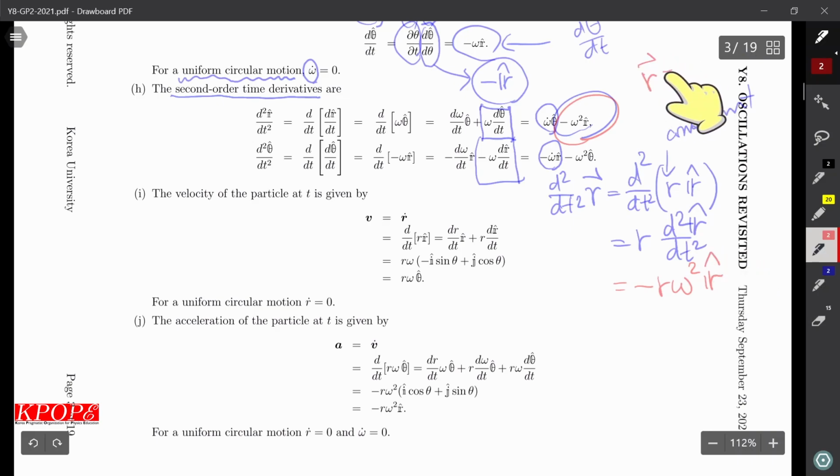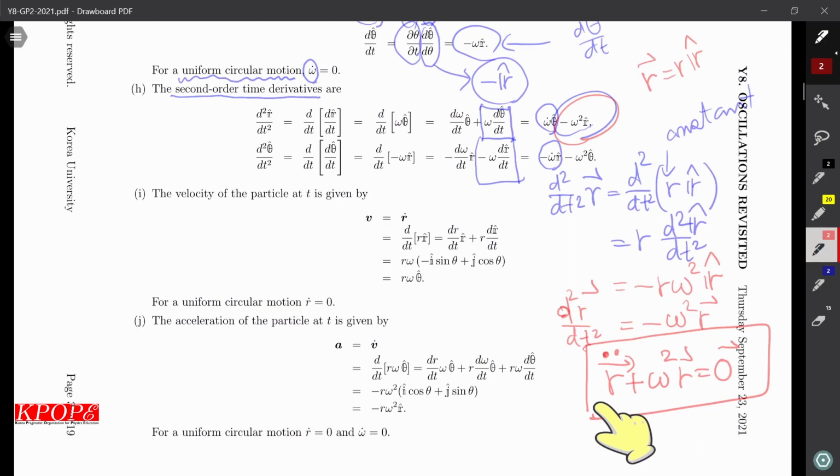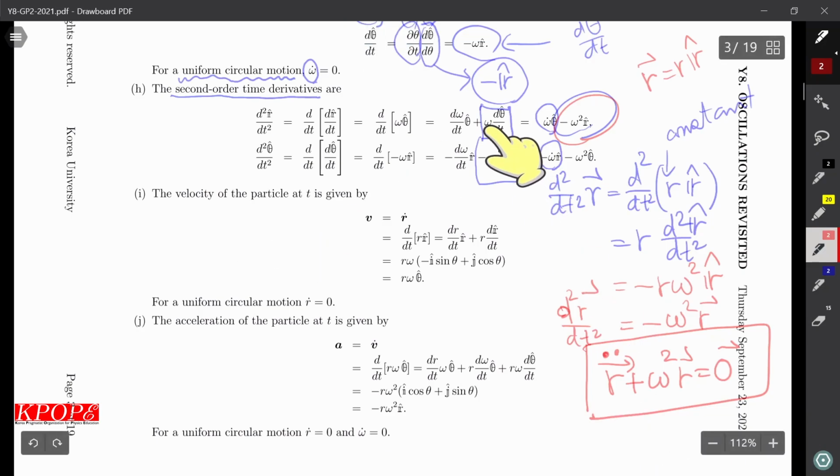Because r vector is r unit vector, this is minus omega squared r, and double time derivative of radius. Finally, move this one. That means plus omega squared r equals 0 vector.